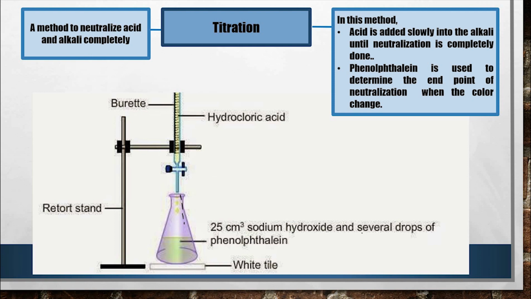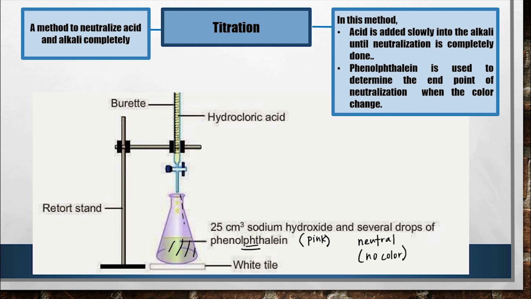The next one, we are going to use phenolphthalein in order to determine the endpoint of neutralization when the color changes. So phenolphthalein added to sodium hydroxide will be displayed as pink color. So if all the solution here becomes neutral, then it will become no color.